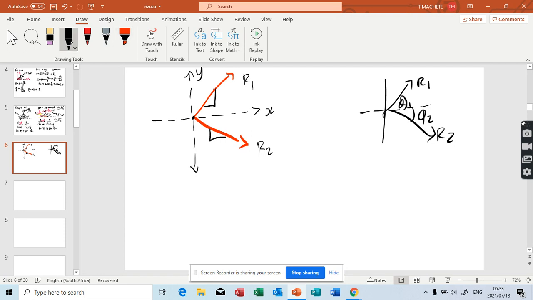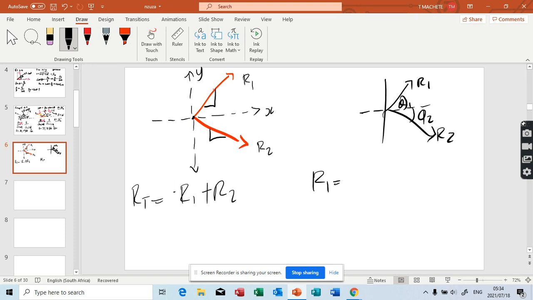So now, remember, what did I say? If you have got more than two resultants, what are you going to do? You're going to find your RT, which is equal to R1 plus R2. Then what is your R1? Ignore the minor right angle triangle for now, just give me R1.